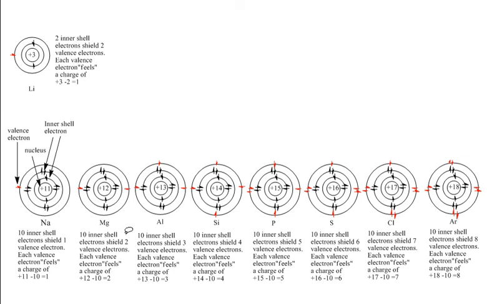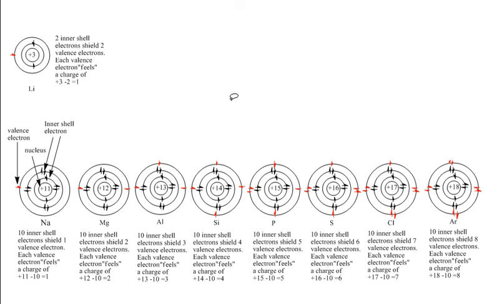Now, you'll notice, as we go across the periodic table from sodium to magnesium to aluminum to silicon and so on, the effective nuclear charge goes up because we have the same number of screening electrons or inner shell electrons, but we get more and more protons as we go from left to right across the periodic table.